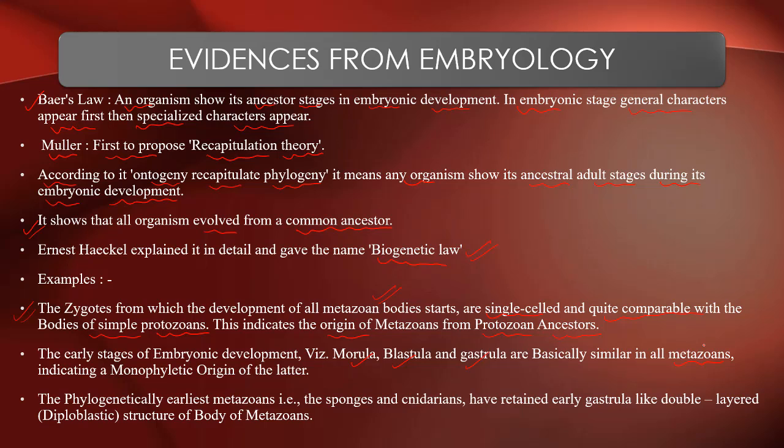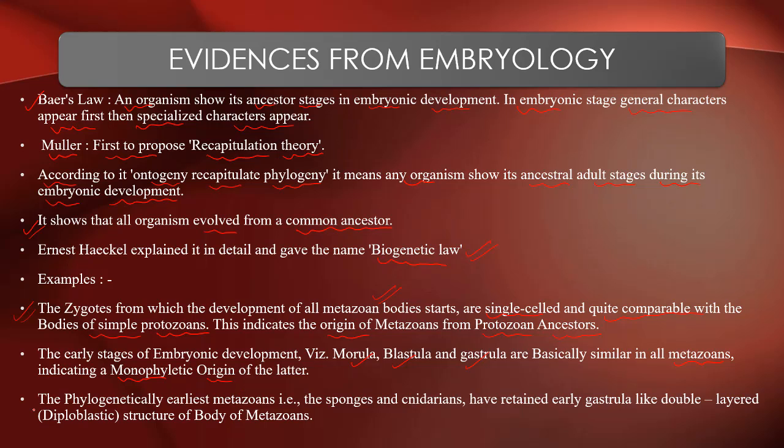This cleavage makes a 16-cell stage, which is a morula, then blastula, then gastrula. The moment it is going to reflect its differentiated body parts, it becomes similar in all metazoans, indicating a monophyletic origin.